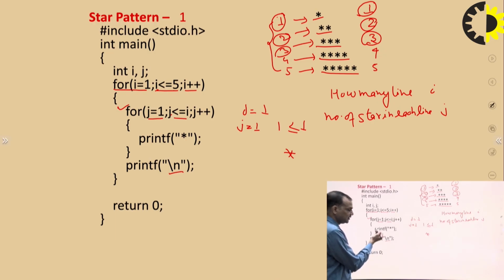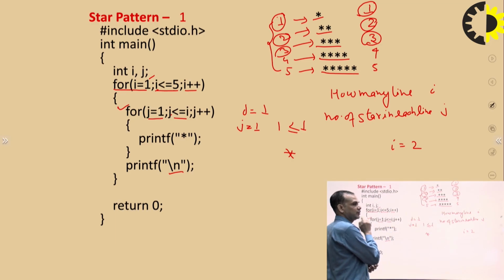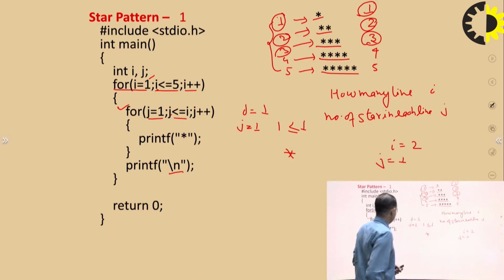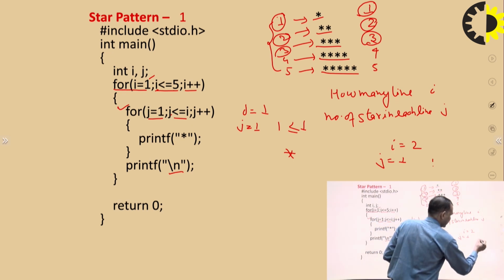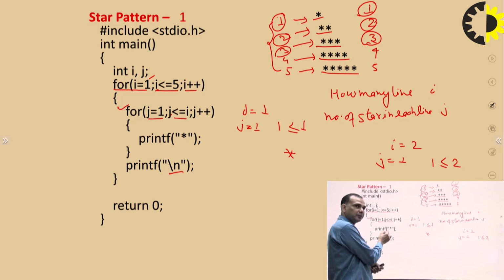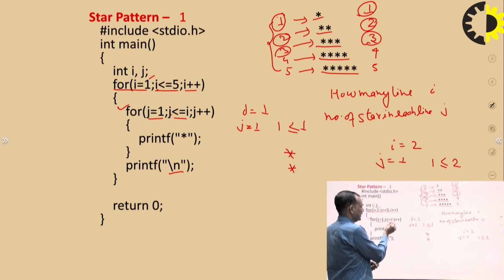Next it goes to the next line. Now it increases the value of i. Now i equal to 2, again j equal to 1. 1 is less than or equal to i, and i is 2, so it goes inside and prints the star. Now increase the value of j.